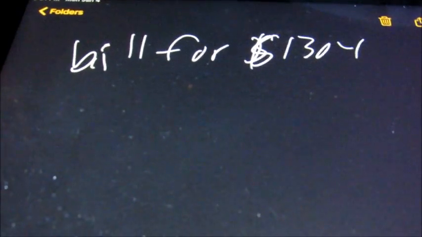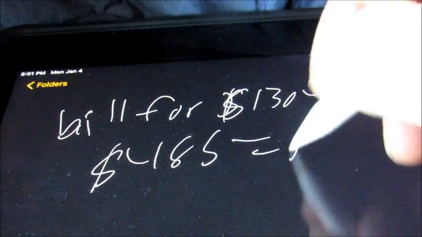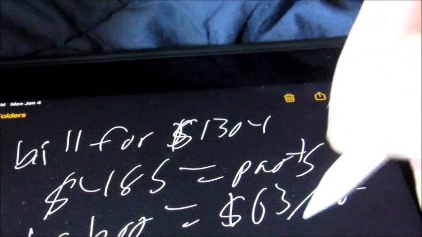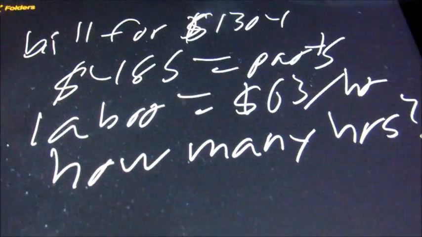All right, so you'll also have some word problems here. One of them is going to be something like you get a bill for $1,304. $485 of that is for parts, and the labor equals $63 per hour, and it's asking how many hours.